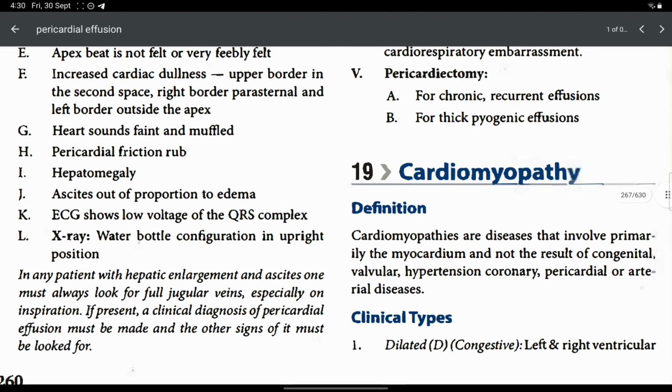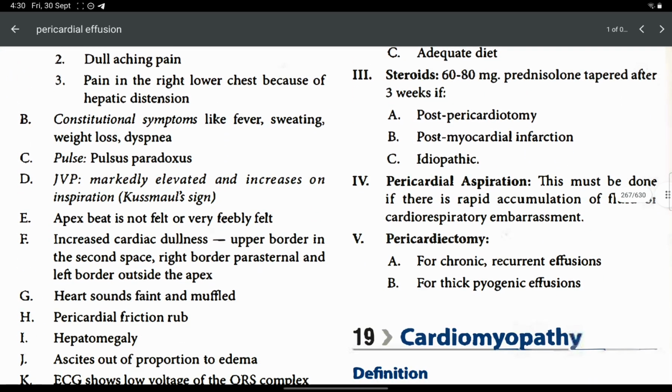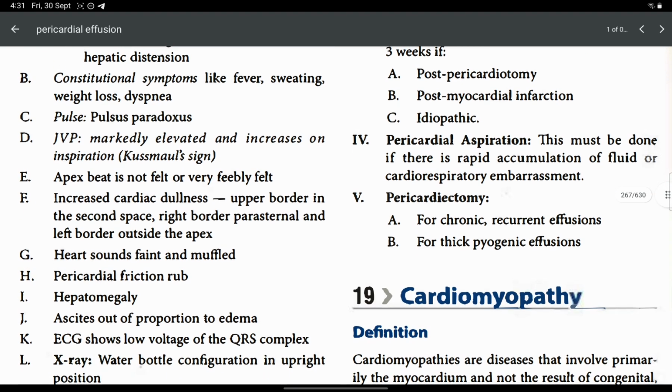Okay, so this is the important part of pericardial effusion.